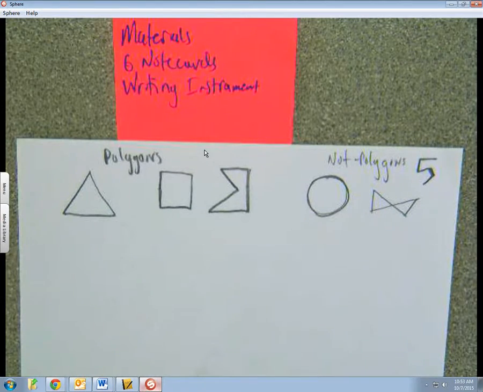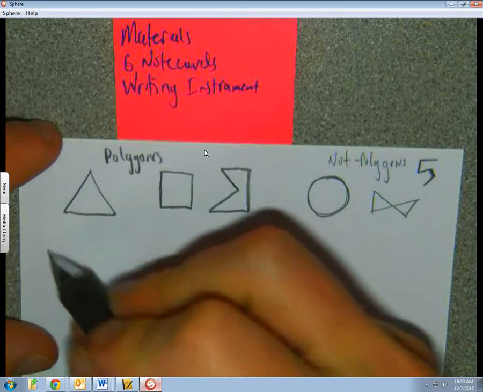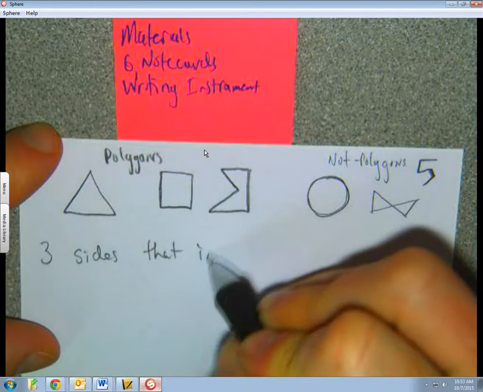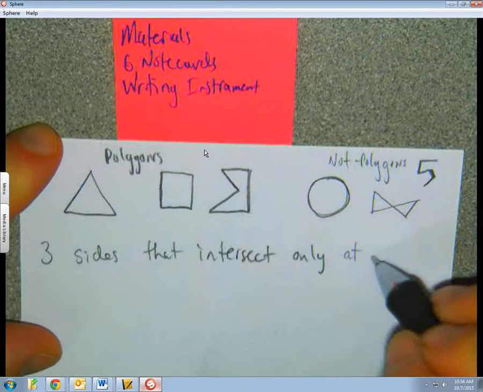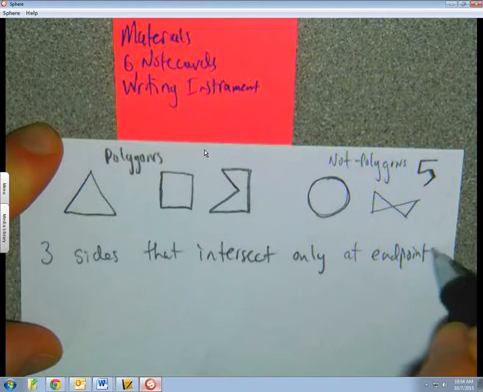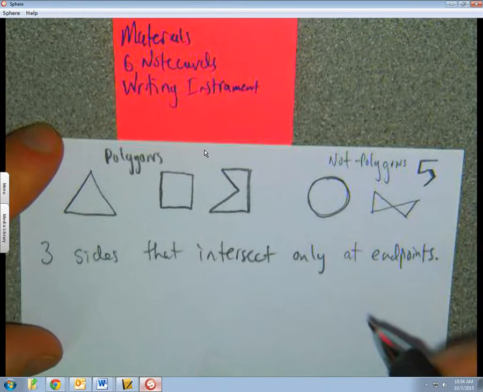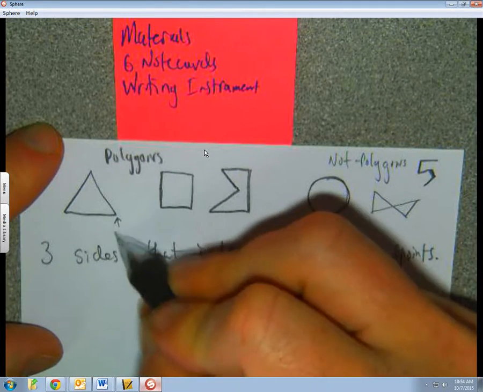Okay, so let's define it. So a polygon is formed when 3 sides intersect only at their endpoints. Okay, then same as before with the angles, but the intersection of the sides is a vertex.